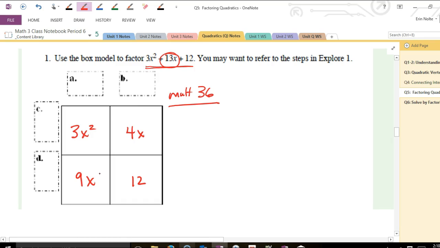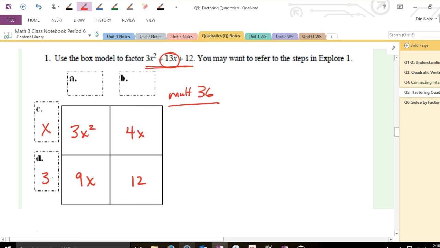All we're going to do is pull the greatest common factor out of each row. You see the row 3x squared and the 4x. What's the greatest common factor of 3x squared and 4x? x, right? So that goes here. On the bottom row, what's the greatest common factor of 9x and 12? 3.